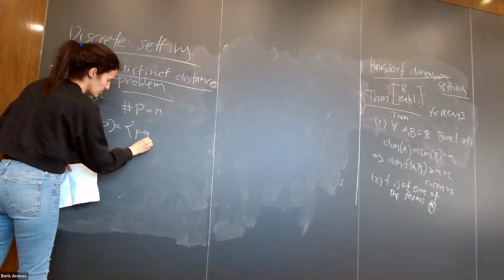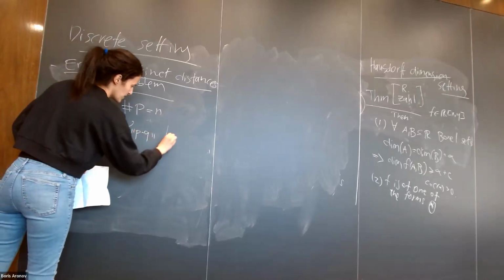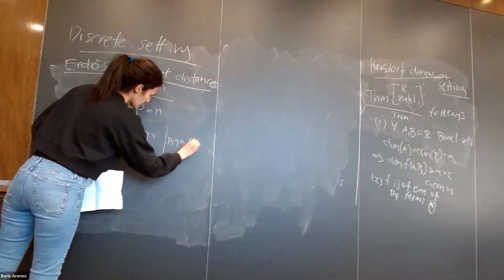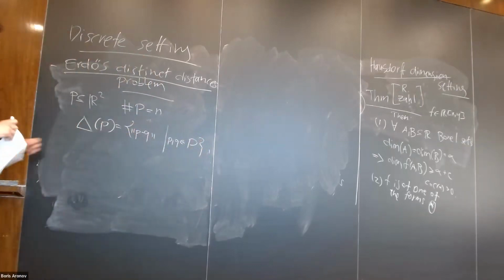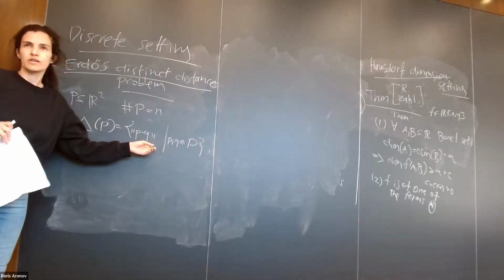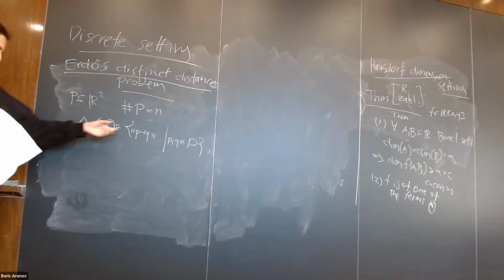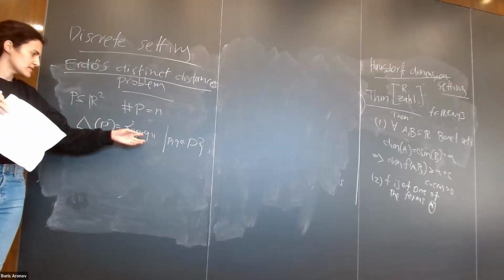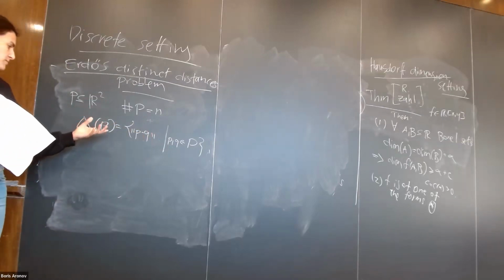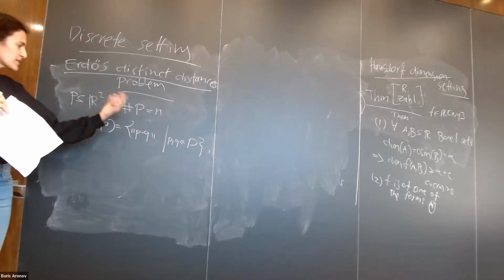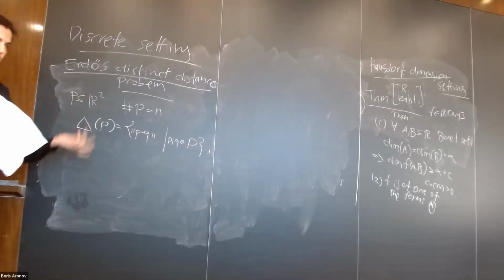So the distance between p and q, where p and q are in P. And as before, we have P of size n, so we have n squared pairs. In general, we expect to have n squared distinct distances, but maybe one can choose P in a very special way so that we have many replications.